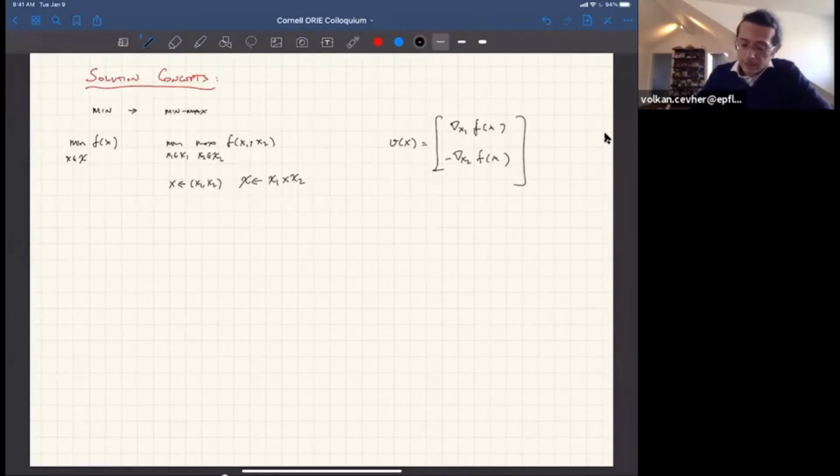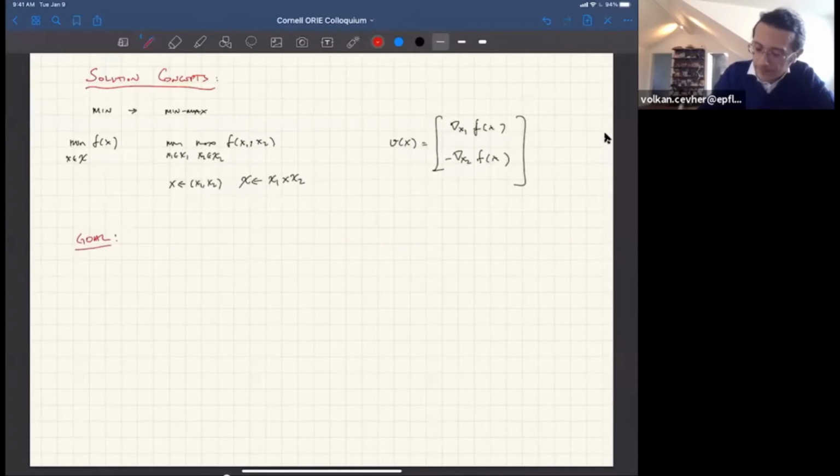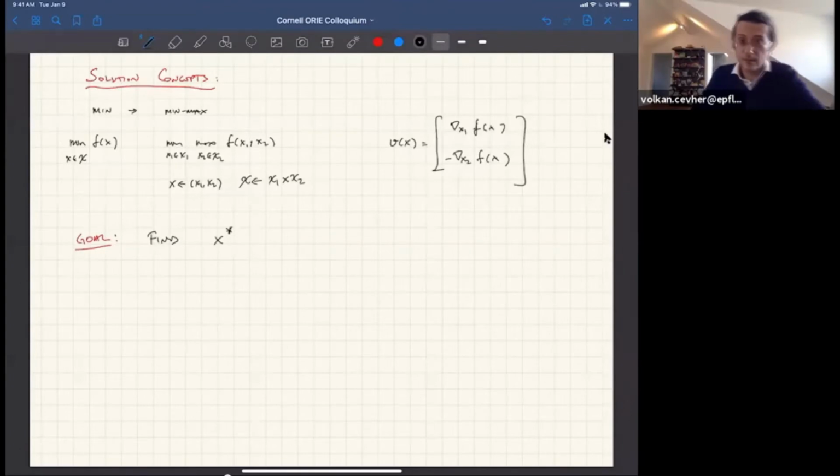Okay, so given this notation, our goal, which is an important one, is to find some x star such that V of x star is 0.